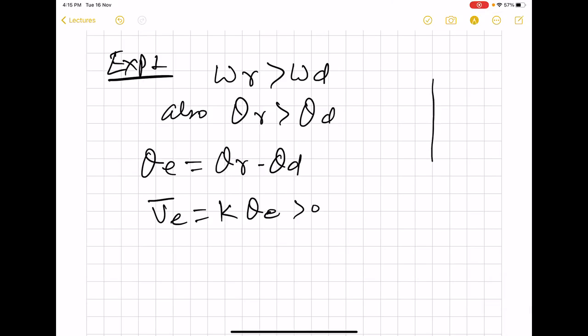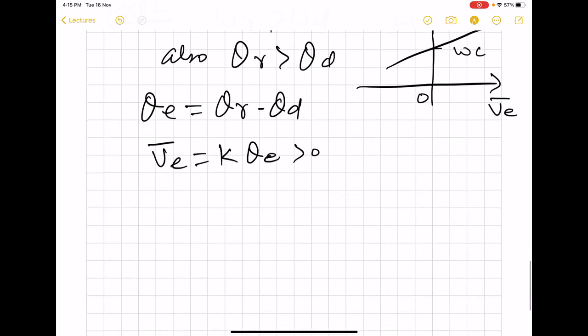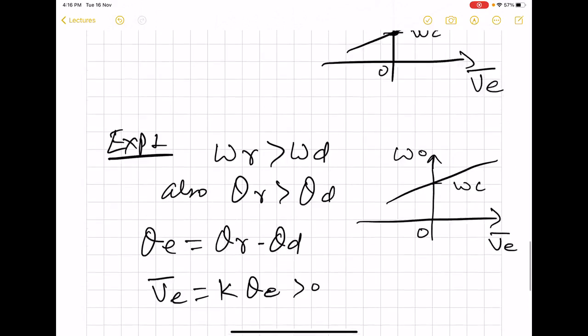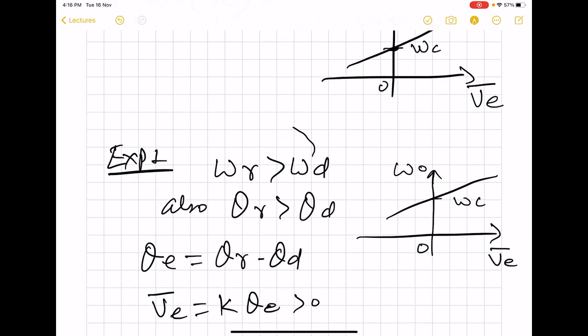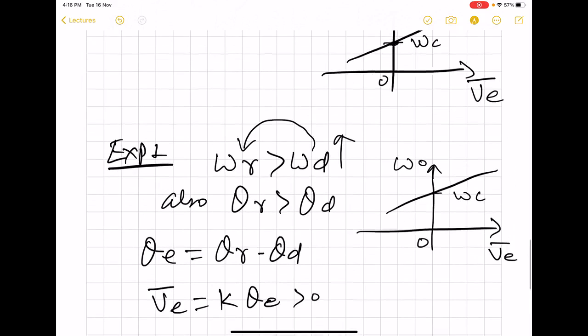Now we know that the VCO is going to function as per this plot. Now let us see how this loop will be able to ensure that this frequency ultimately becomes equal to omega r. That means this also increases.